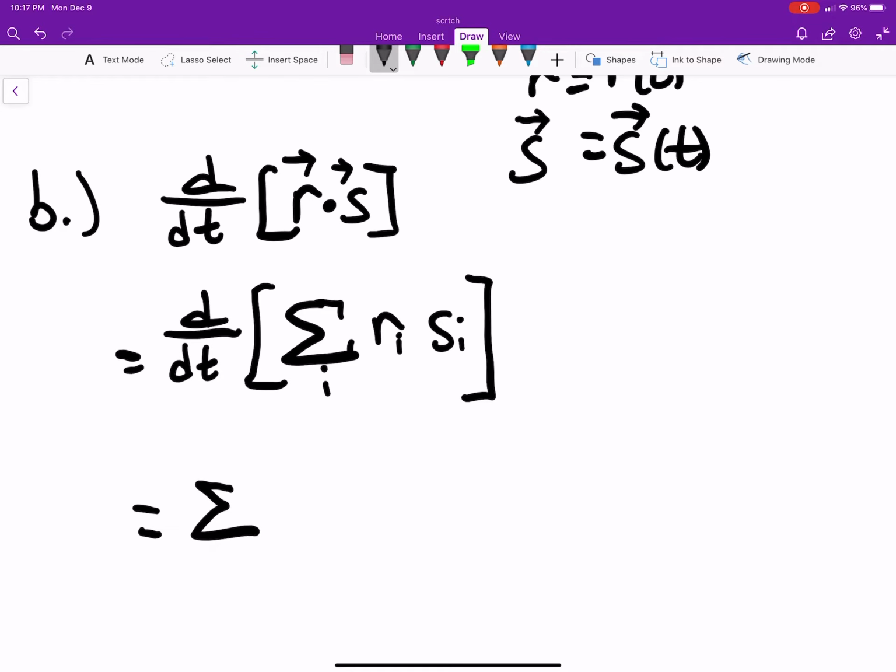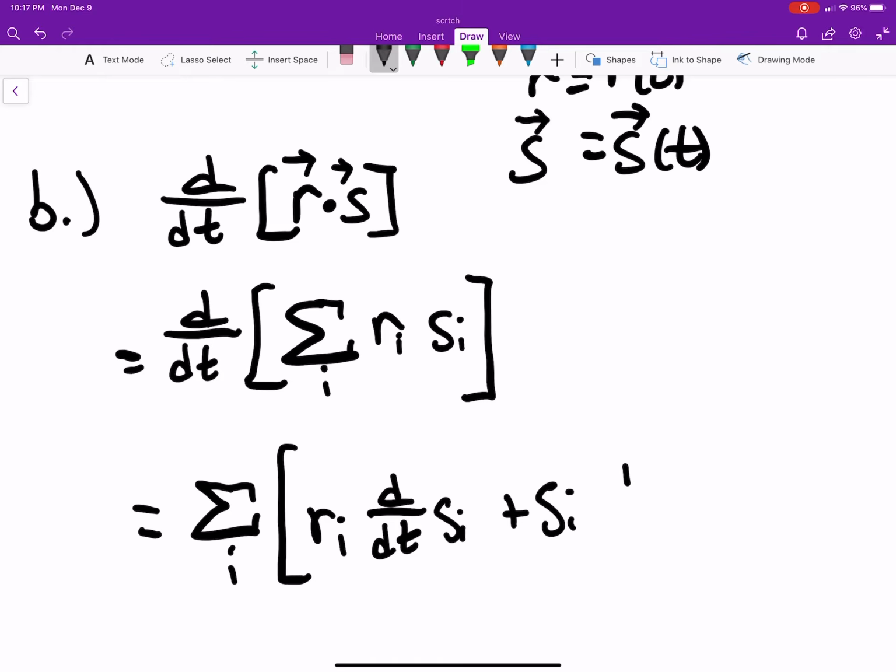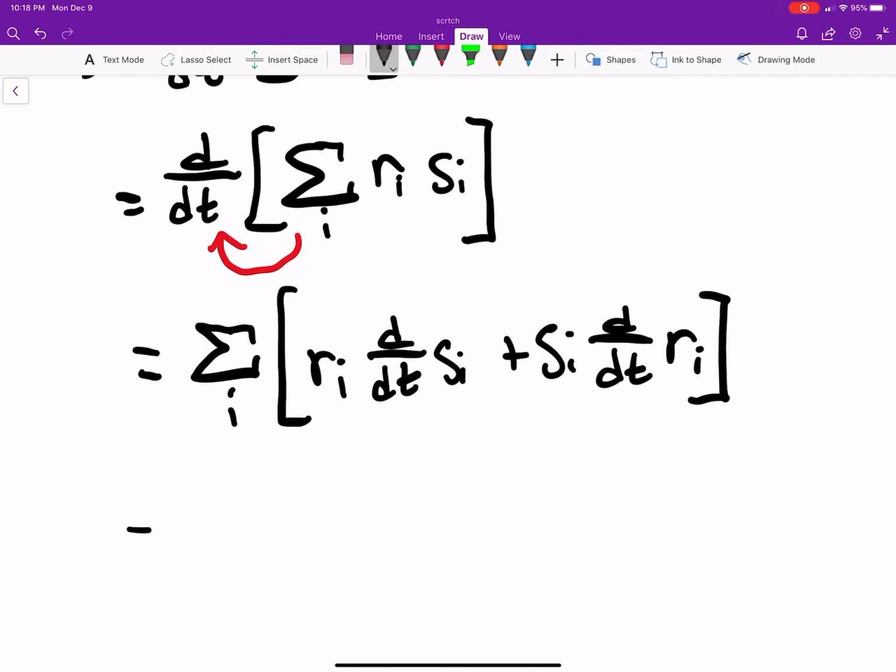I'm going to pull the sigma out here, and I'm going to distribute the derivative. So what we really have is r_i d by dt of s_i plus s_i d by dt of r_i. So this sigma notation can be pulled out front, and the derivative is linear, so that can also be pulled out front or distributed in. So that's all I did there.